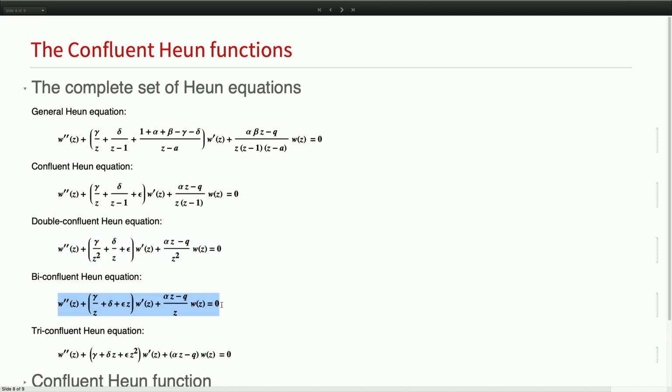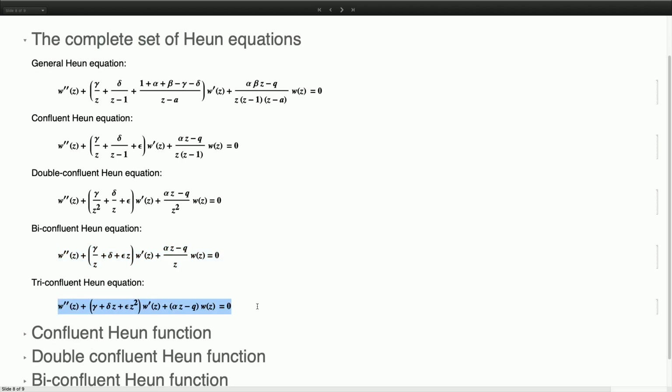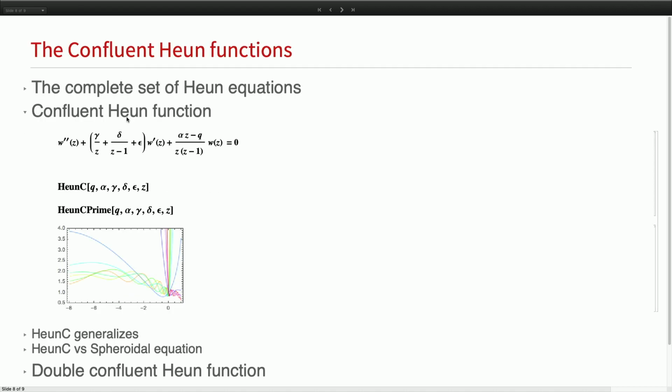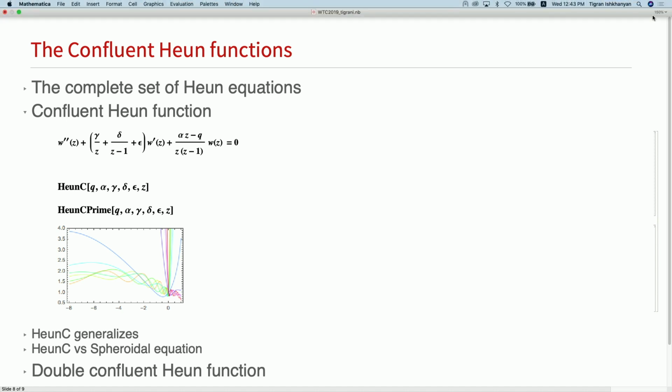It has 1 regular singular point at 0 and 1 irregular singular point at infinity. And there is the last equation, the triconfluent Heun equation, that has only 1 irregular singular point, at infinity. And this equation is a generalization of the Airy equation, for example. The structure is the same.